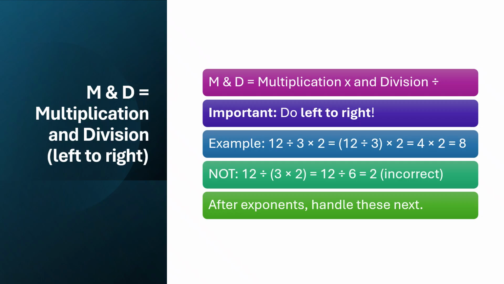If you instead multiplied first, as in 3 times 2 equals 6, then divided 12 by 6, you'd get 2, which is wrong. So always scan left to right for M and D before you go to addition or subtraction.